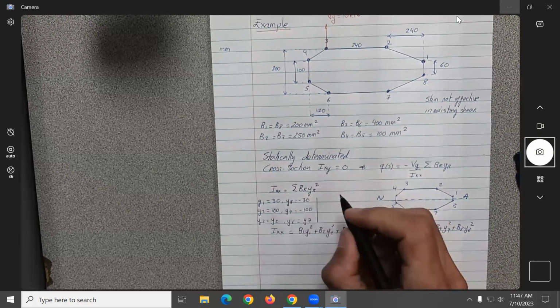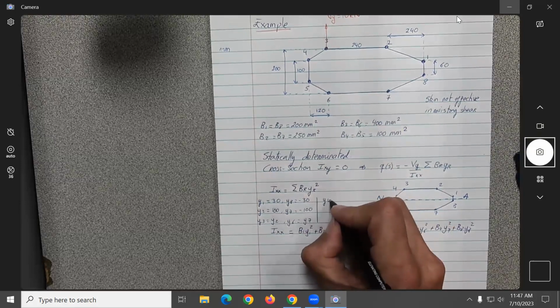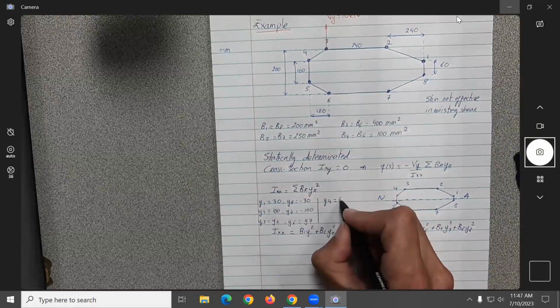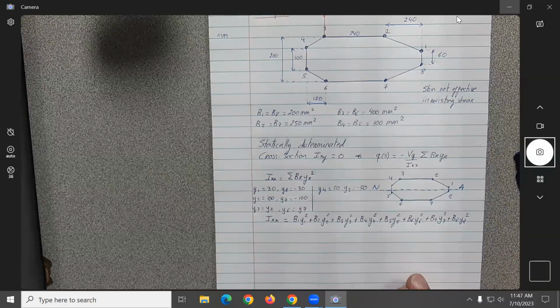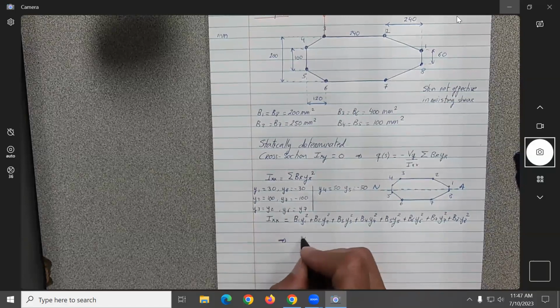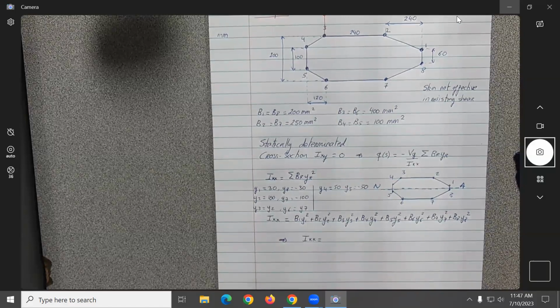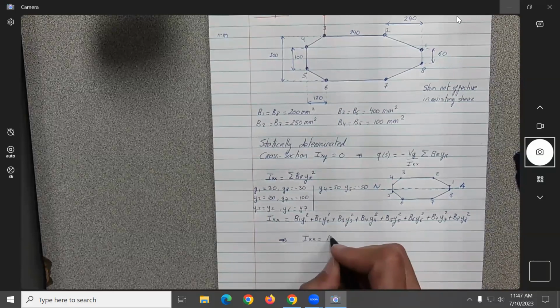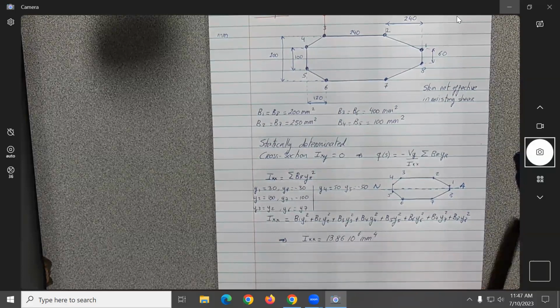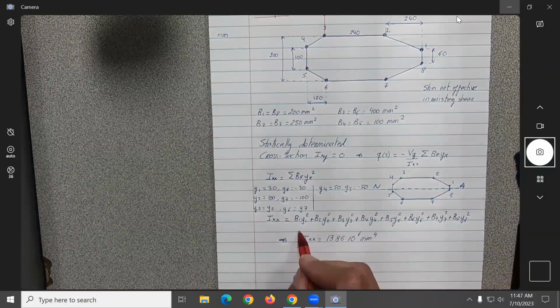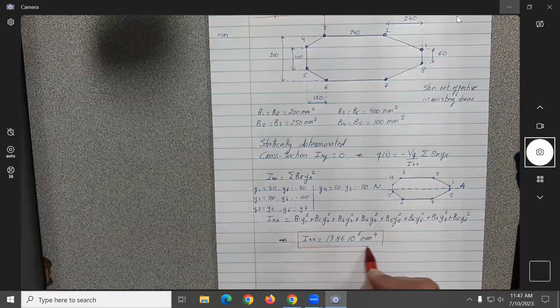Y4 will be 50, and y5 negative 50. If we do the calculation, this gives that Ixx will be equal to 13.86 times 10 to the 6 millimeters to the fourth.